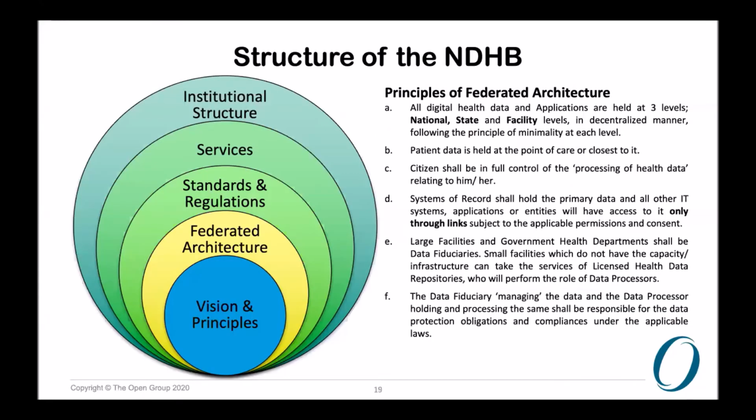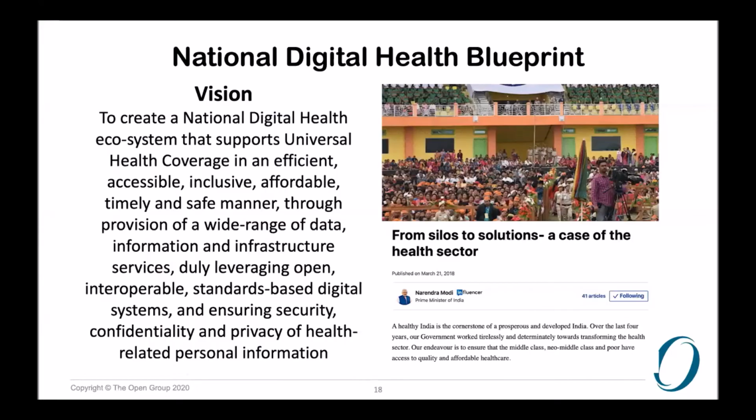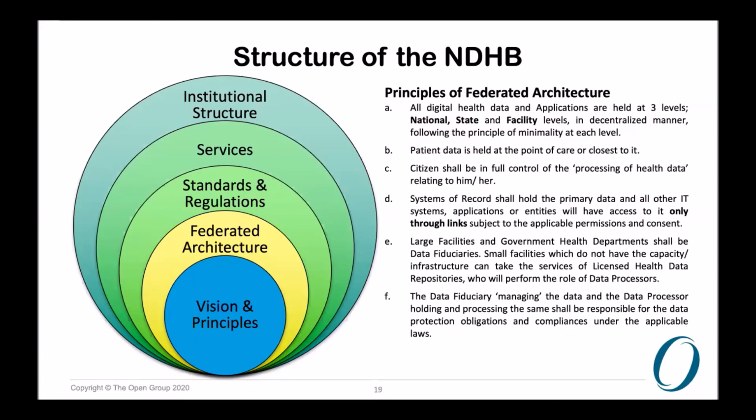So the National Digital Health Blueprint consists of these key sections, if you will. It does have a vision and principles. I've shown you the vision in the previous slide. And of course, there are principles which are derived from the IndEA principles, which I've shown you earlier. The second part of the document is the elaboration of a federated architecture. I will explain that.